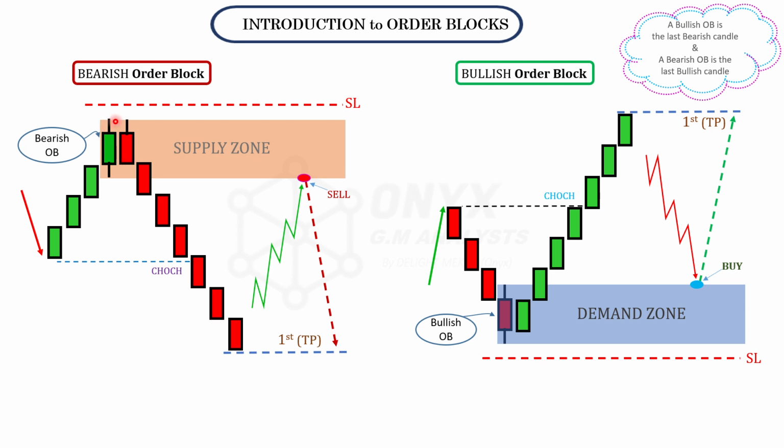We will mark it up with a zone like this, and we refer to that candle as the last bullish candle before the market dropped, and we call that a bearish order block. As the market is below that point, above is our supply zone. This zone that has been highlighted above is our supply zone. It's a bearish order block.